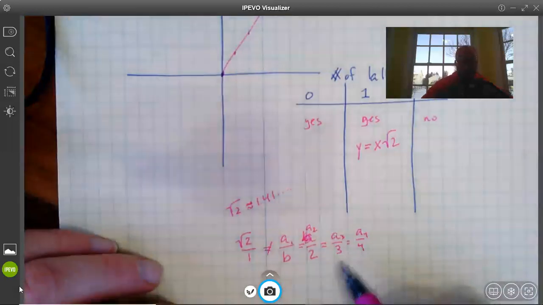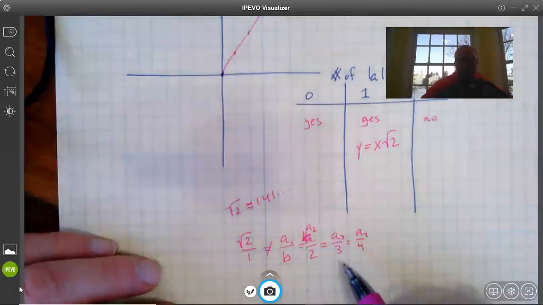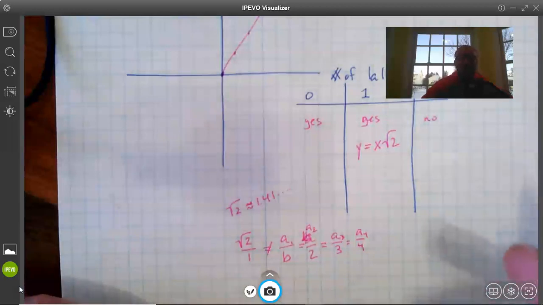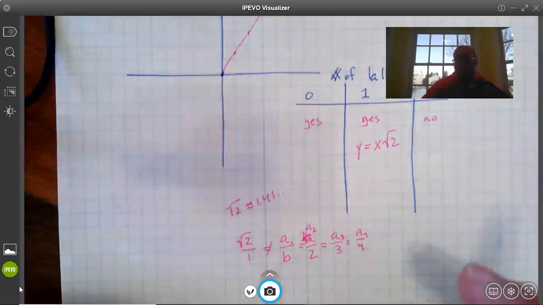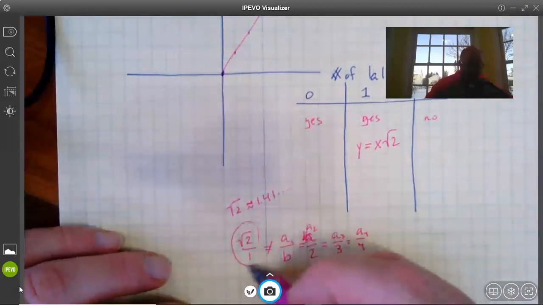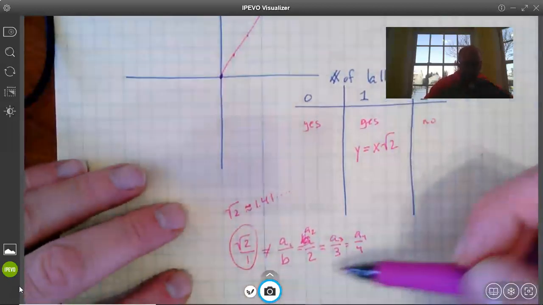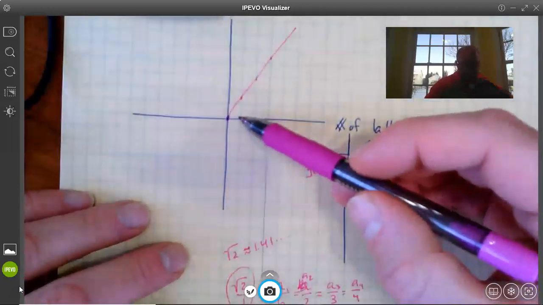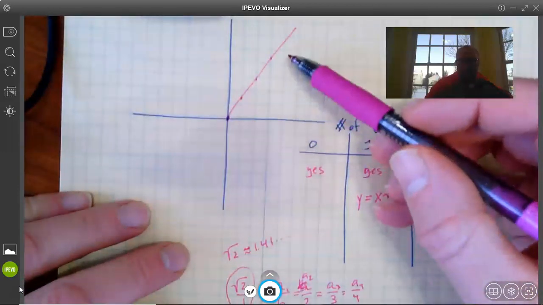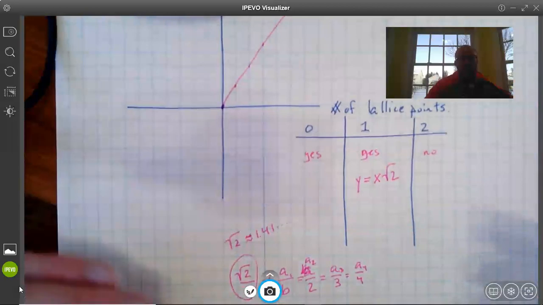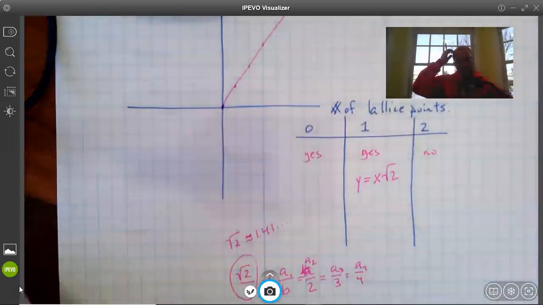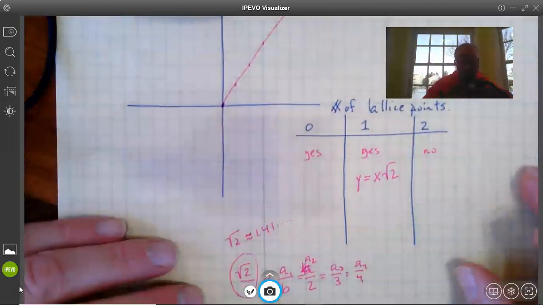An irrational number cannot be written as a fraction where the numerator and denominator are both whole numbers. So for whatever run I go over, the rise is going to be some decimal that goes on forever and doesn't repeat. It's not going to be a whole number.